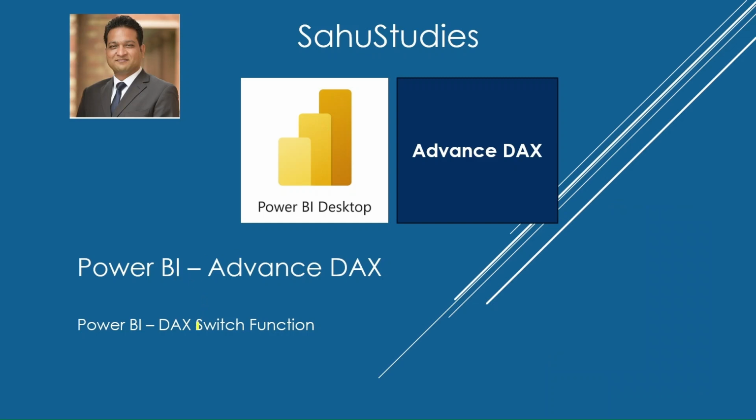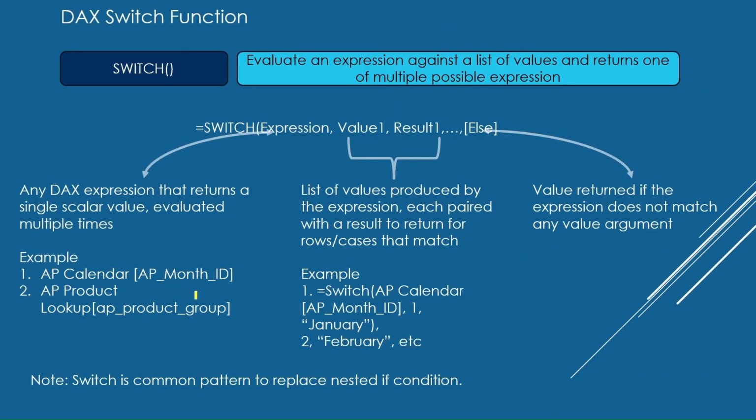In this video, we are going to discuss the switch function in Power BI. This is the signature of the switch function. What it generally does is evaluate an expression against a list of values and return one of multiple possible expressions.